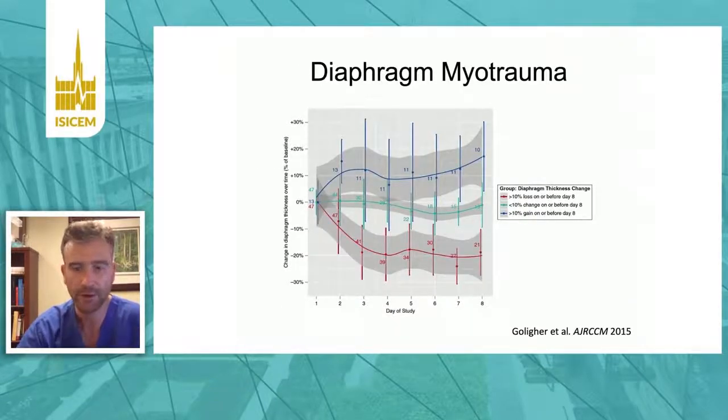Several years ago, we published work showing that diaphragm thickness changes rapidly during mechanical ventilation. In a substantial subset of mechanically ventilated patients, we observed a rapid early decline in diaphragm thickness, the group shown here in red, constituting about 45% of patients. Another small subset developed a rapid early increase in thickness, raising the hypothesis of possible load-induced injury.